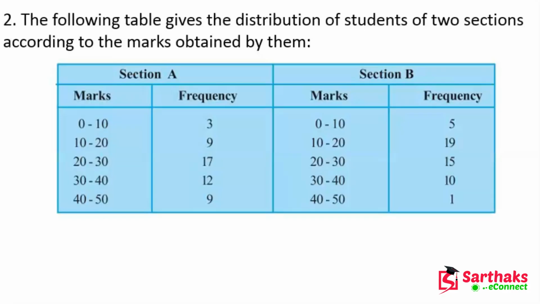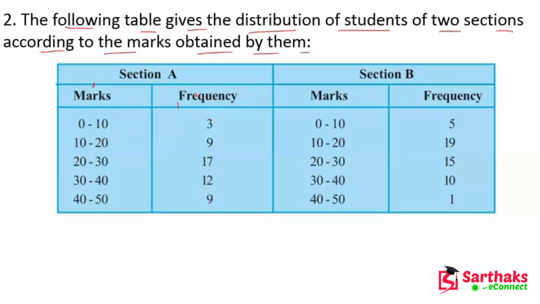The following table gives the distribution of students of two sections according to the marks obtained by them. Got it? Now you can see in section A, we have the marks and here we have the frequency.